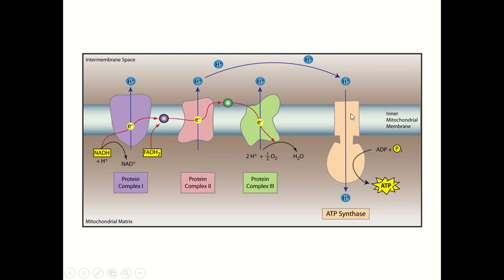This proton motive force helps rotate the ATP synthase, activating its catalytic site, which phosphorylates ADP with inorganic phosphate to produce ATP molecules. This process is known as chemiosmosis. ETC and chemiosmosis thus make up the oxidative phosphorylation process.